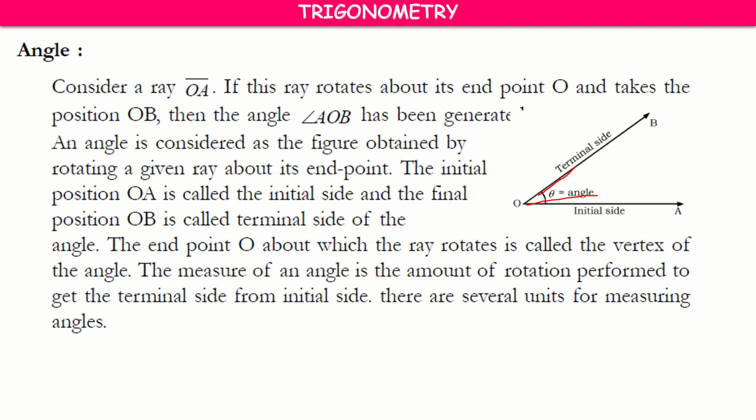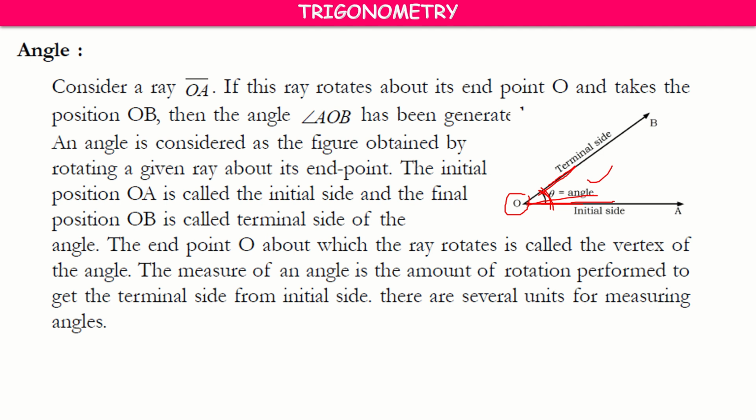O is called the initial point, and OA and OB are called arms or sides. OA is the initial side and OB is the terminal side. The angle formed between them is nothing but the angle.